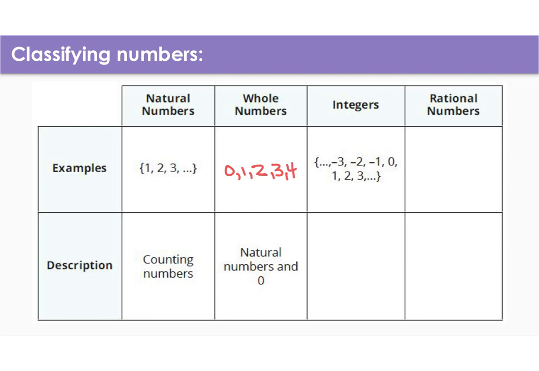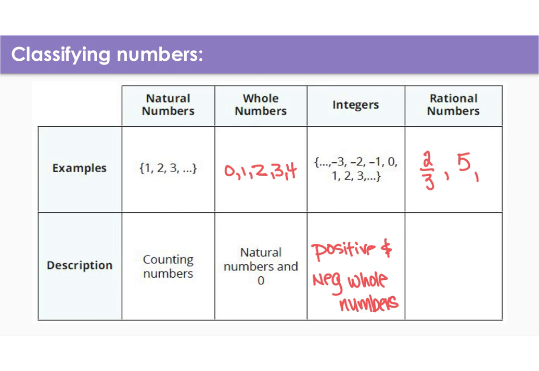Integers, the description, you could say positive and negative whole numbers. Rational numbers, so that could be 2/3. It could be 5, because you could put 5 over 1.